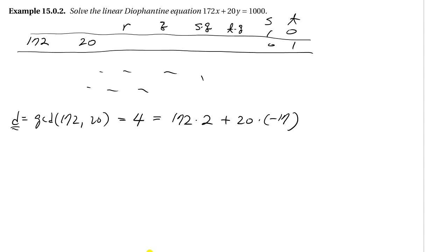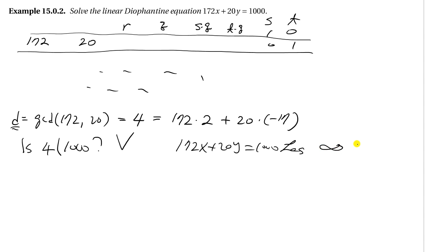We found out those facts, but first things first. Now that we found the 4, we need to check that 4 is a factor or divisor of that constant. And of course, 1000 is a multiple of 4. It's clear, so it's yes. Which means that 172x plus 20y equals 1000 has infinitely many solutions.